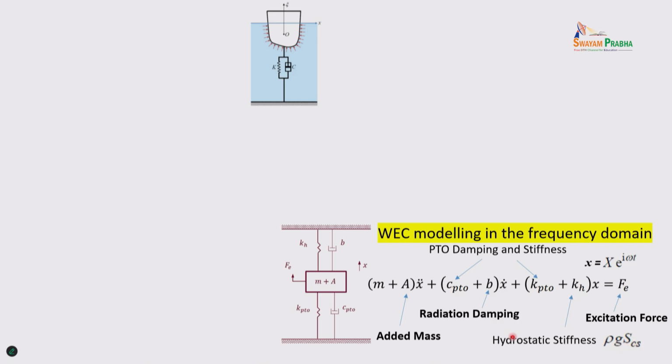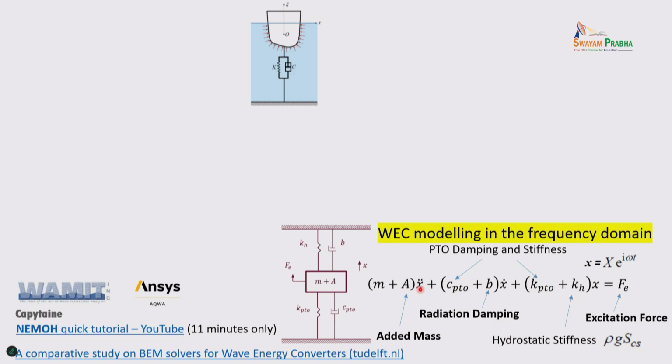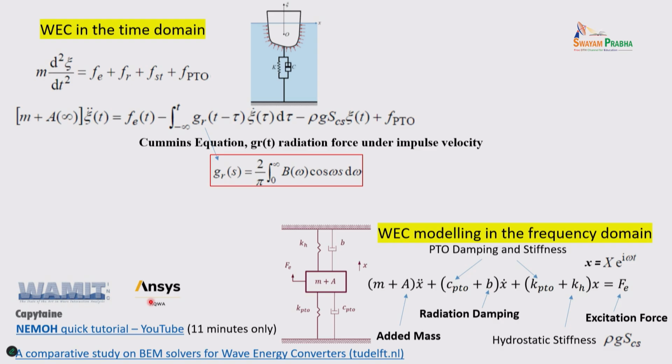So then for these three frequency dependent parameters, including added mass, radiation damping, and excitation force, we can use a potential flow solver like WAMIT, Aqwa, and Nemoh to calculate. Capytaine also can calculate. And then we also talk about time domain modeling.